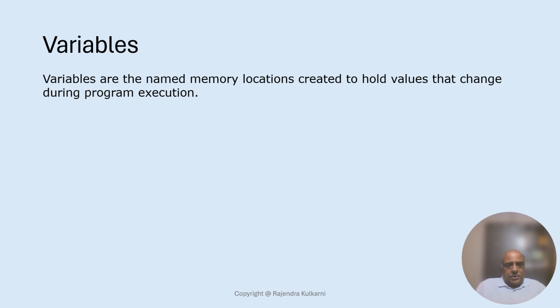As we have seen, a constant value is always constant, it will never change. But there are many instances in a program where the numbers will keep on changing as per the program logic. To store such kinds of values, variables are used and created.